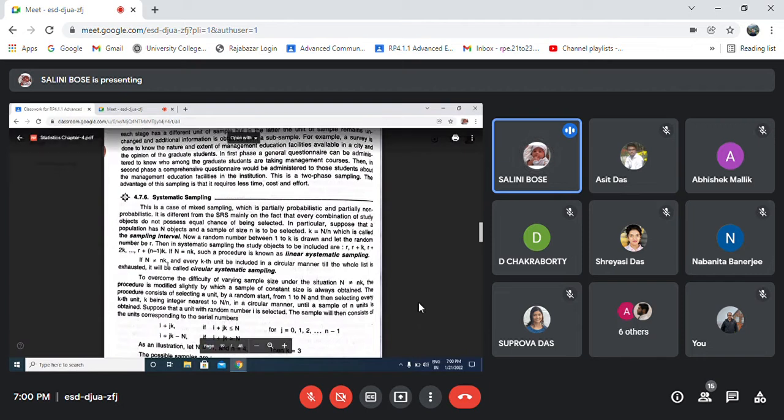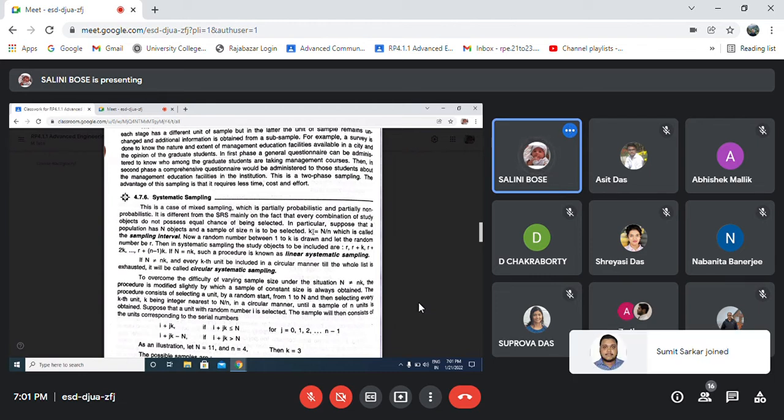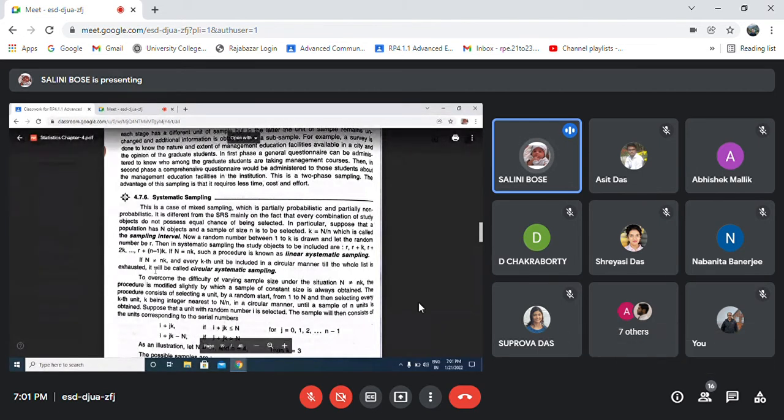But if N is not equal to nk, which can happen, because every time you will not get the actual value after dividing, there may be some remainder, you will not get only the quotient. So if your capital N is not equal to small n into k, then every kth unit will be included in a circular manner. Clear?